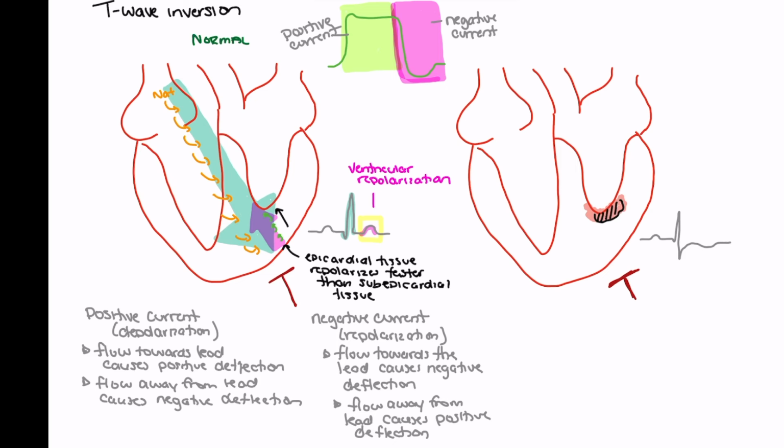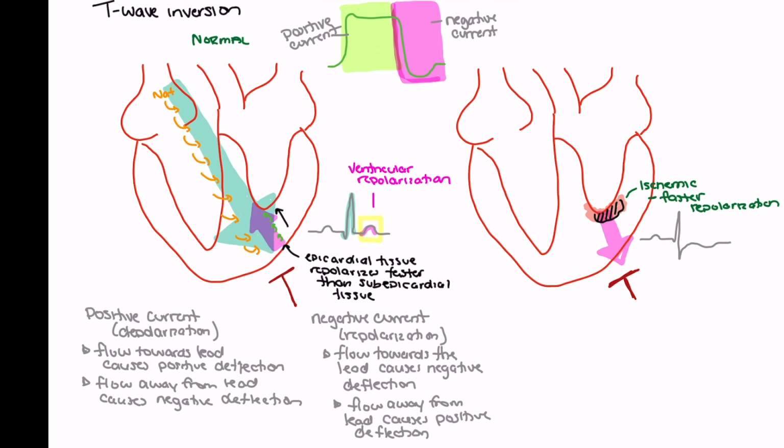Because the tissue in the subendocardium is damaged, so this ischemic tissue here is damaged, it actually will repolarize faster. So because we have that ischemic tissue, we start to see faster repolarization. What this means is this tissue is going to repolarize at a faster rate than the epicardial tissue, and what we end up having is a net flow of negative current towards the epicardium.